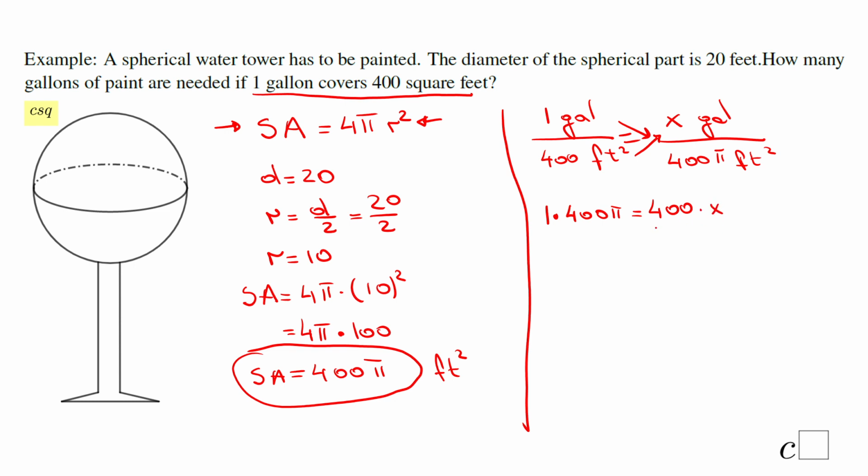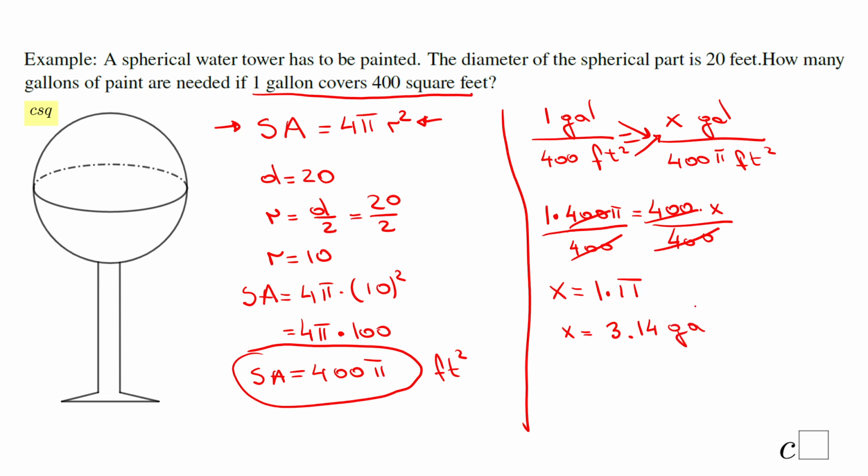You want to solve for x, so you're going to divide by 400. So we have x equals 1 times pi, which I'm going to use 3.14, times 1 is 3.14 gallons.